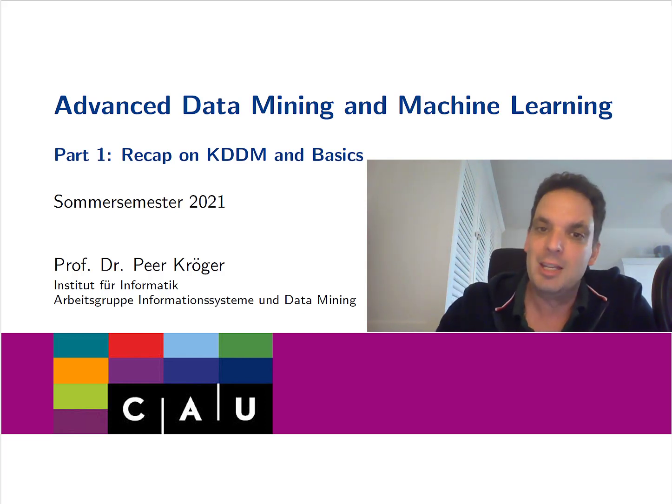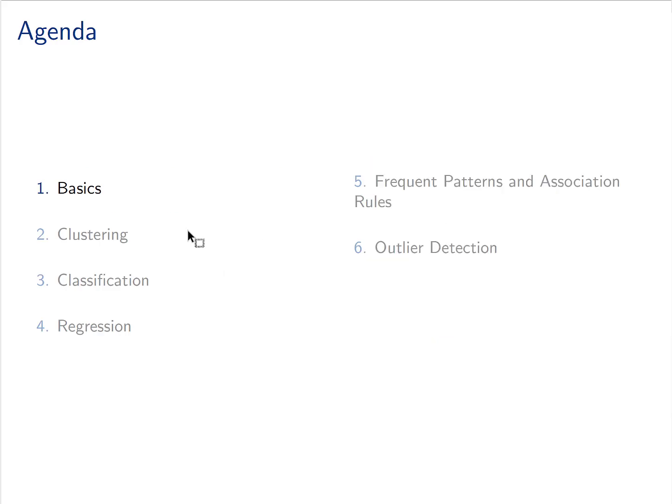Okay, so let's see what's coming up. We will talk first of all about the basics. We again reiterate these canonical representations of feature vectors. And then we will go through all of those different tasks that you can have in data mining and machine learning: clustering, classification, regression, frequent patterns and association rules, outlier detection. Of course, this is a mix of supervised and unsupervised tasks.